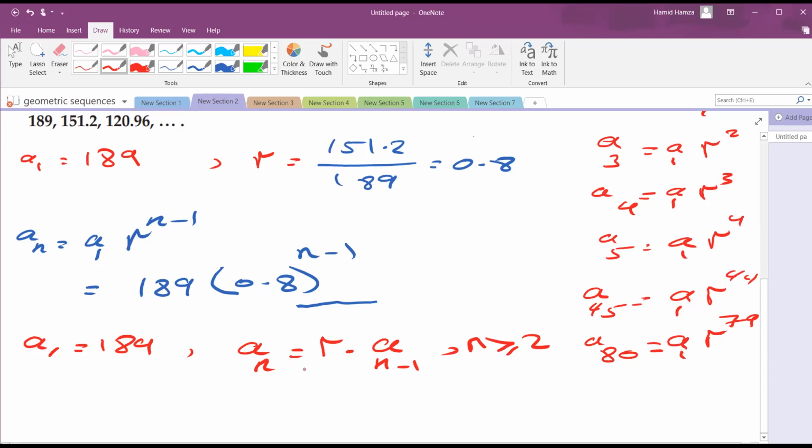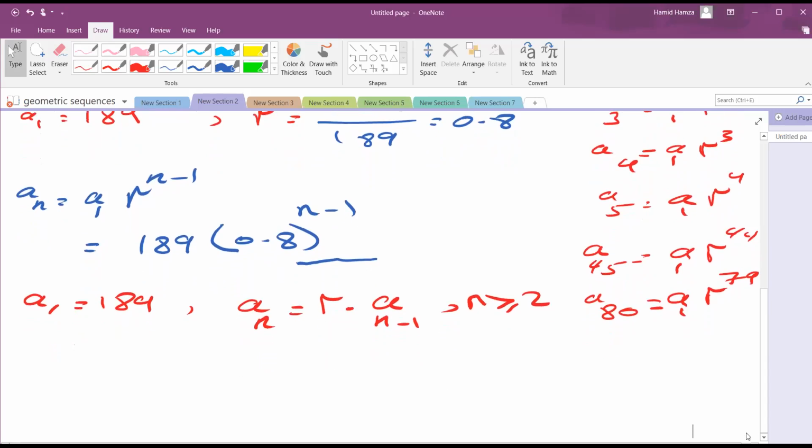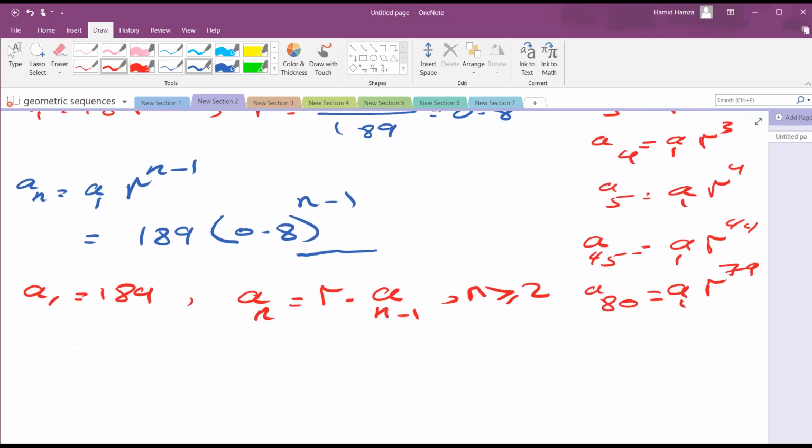So just like this, write a1, then substitute in this formula. This is a recursive formula. So it will be like this: a1 equals 189, I'm sorry, 89.